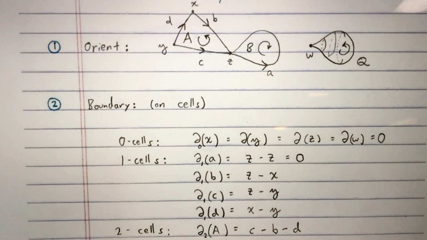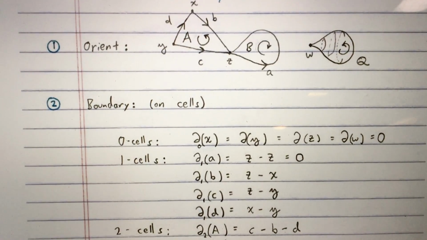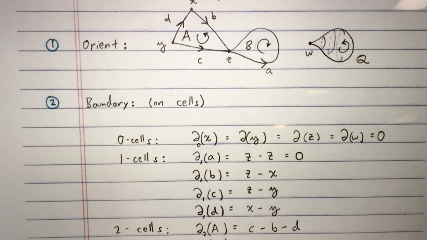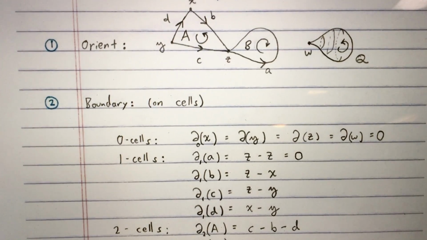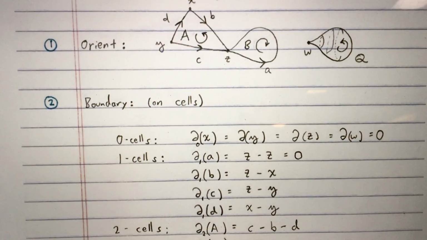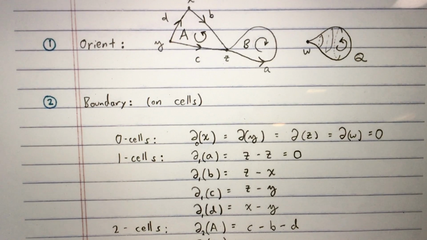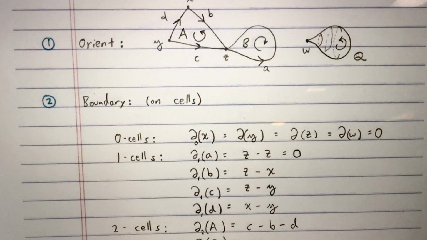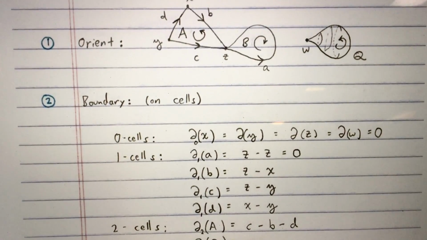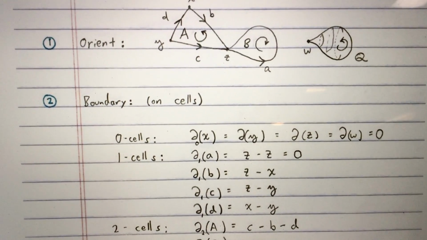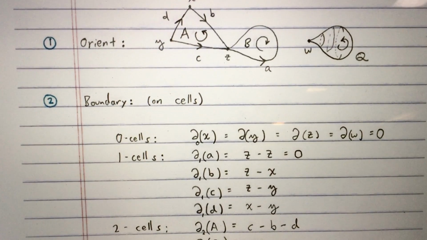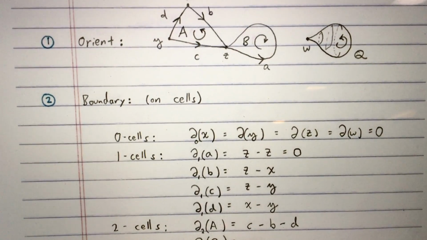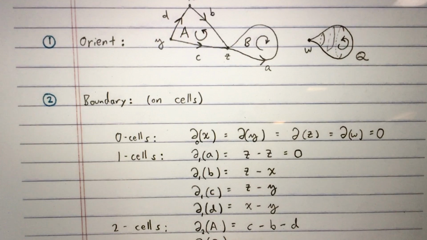That was arbitrary, and then since we chose that, we look at the boundary of A, and the 1-cells that agree with that counterclockwise are going to be positive. That would be c. But then b and d are going against the grain. Their arrows don't point the same way as the counterclockwise rotation around the boundary. So they get minuses, minus b and minus d.